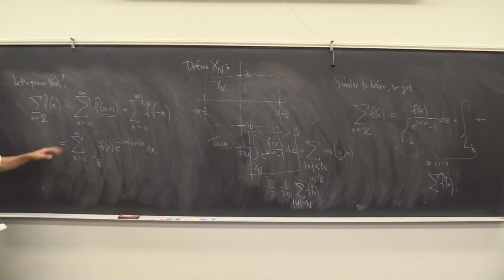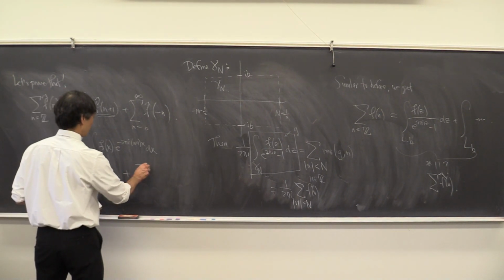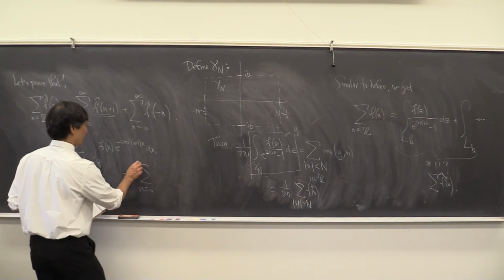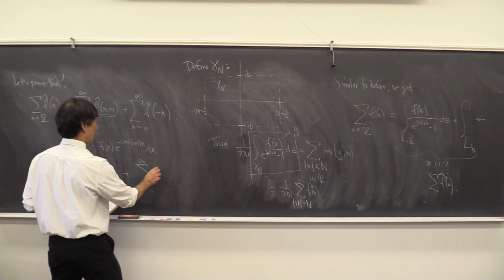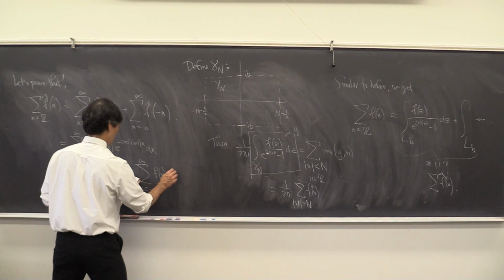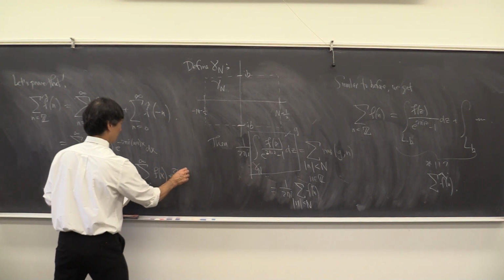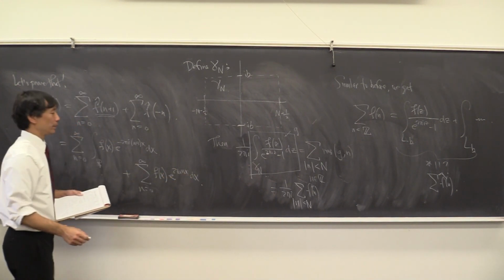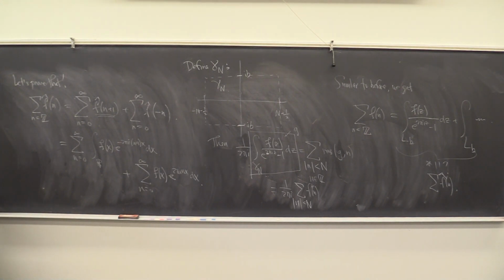That's the guy on the left. We get the summation from n equals 0 to infinity of f of x, e to the 2 pi i n x dx, for the guy on the right. Okay, so that's just by definition.